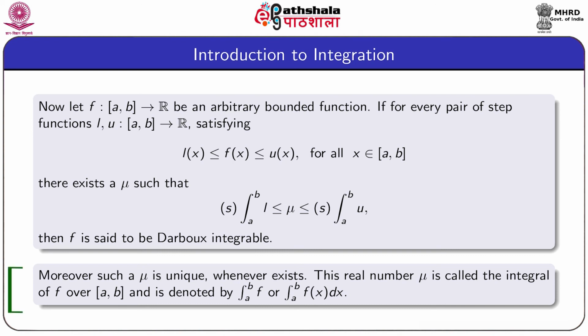Moreover, such a mu is unique whenever it exists. This real number mu is called the integral of f over [a,b], and it is denoted by integral a to b f or integral a to b f(x) dx.